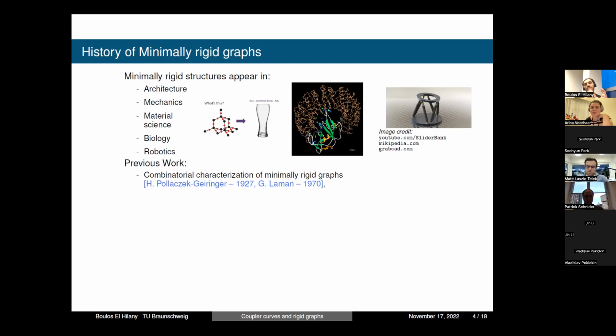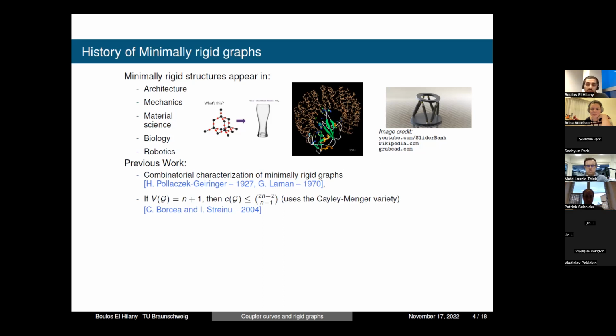Each subgraph shouldn't have too few or too many edges with respect to the vertices. And then there were attempts to actually compute the number of realizations, but we've seen that this is already a polynomial system of equations. One can apply several methods.